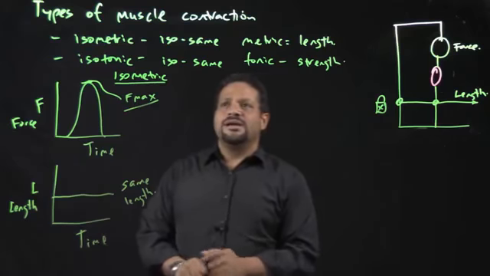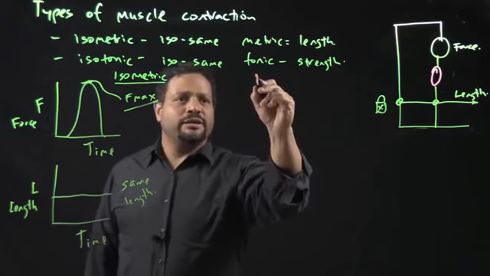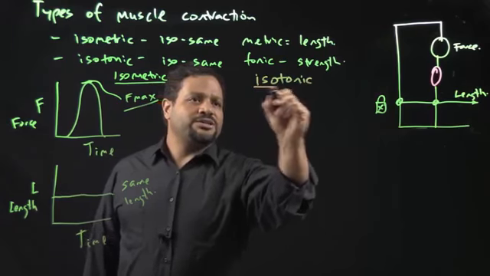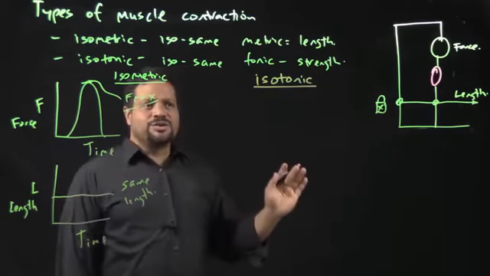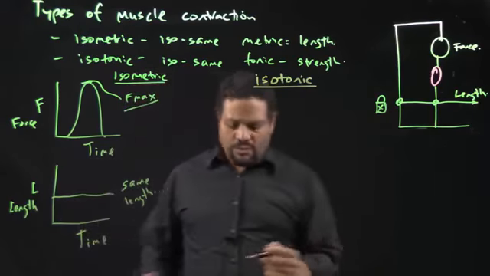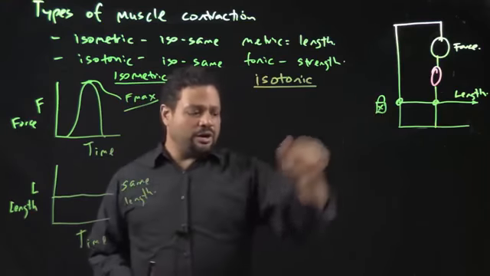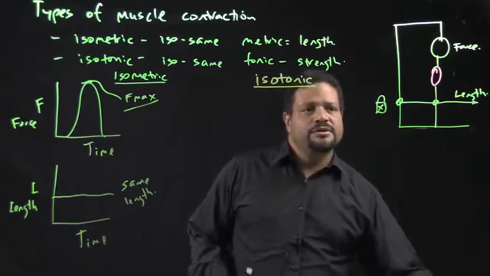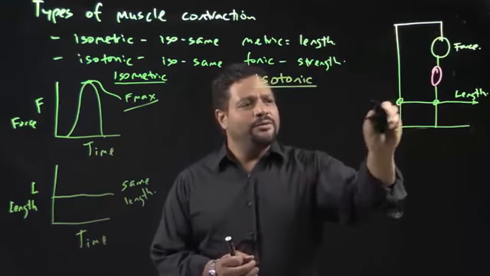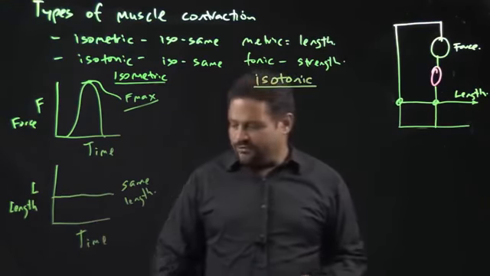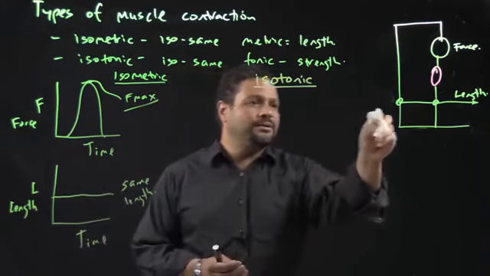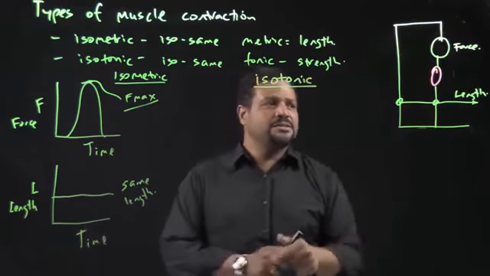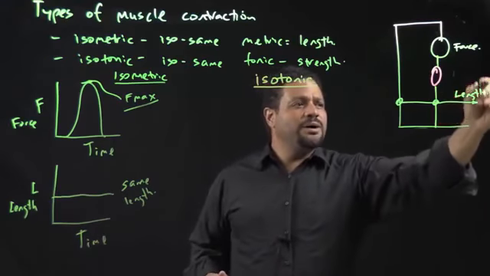Now, let's look at isotonic contractions. Isotonic contractions, we no longer lock that muscle at a fixed length. So we allow that lever to freely move up and down. As the muscle contracts, this lever will go up.